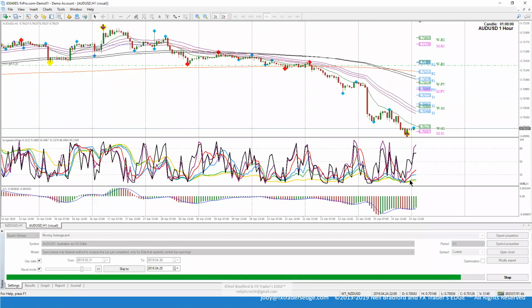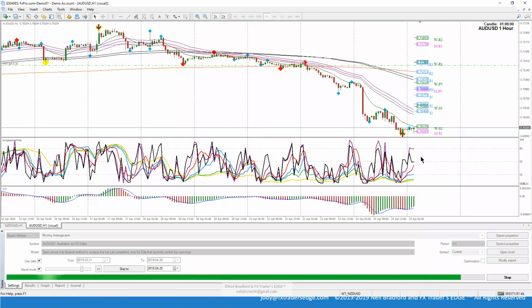When you see these bungees moving off the bottom altogether, parallel, then you'll know that the move has turned over and it's likely to go higher for a deeper correction.